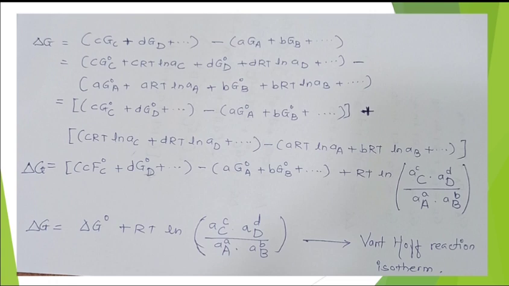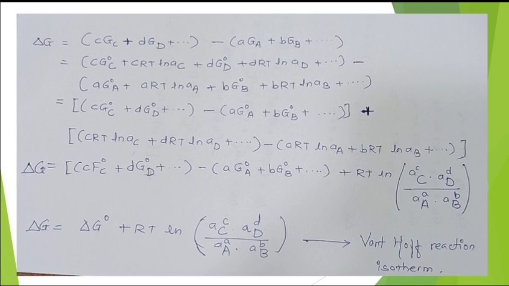Here c is the small c, this first species is the cGC. c is the number of moles, G is the Gibbs free energy and Gibbs free energy of the capital C species. So these two C are different. First c is the number of moles and second C is the C species. So number of moles into Gibbs free energy of the C species plus number of moles and Gibbs free energy of the D species, and bracket complete. This is for the products, minus aGA plus bGB.